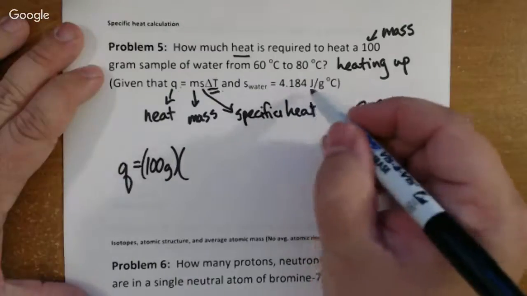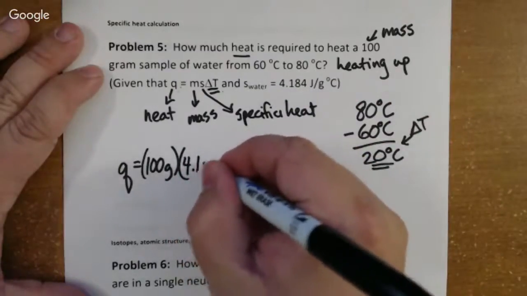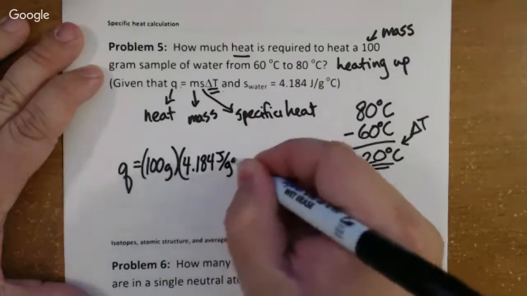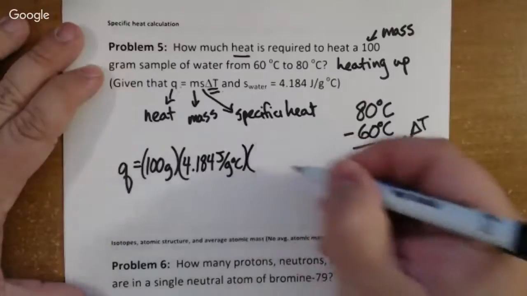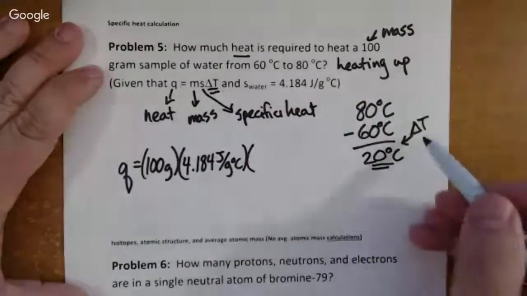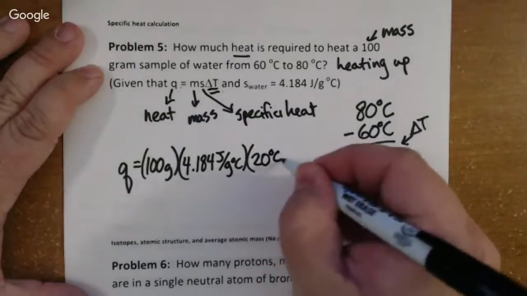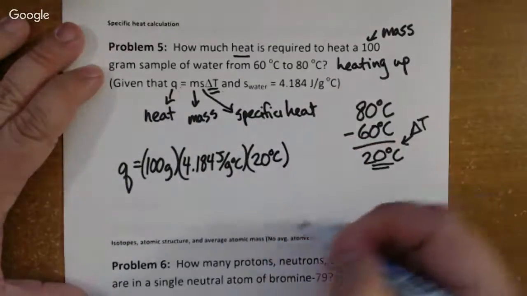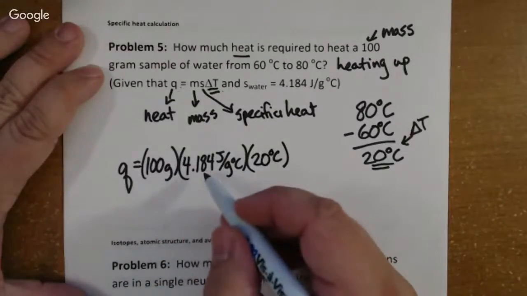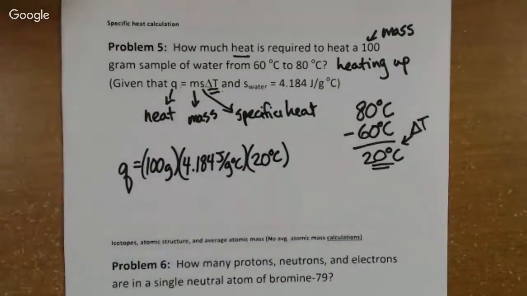Worry more about the number because we're treating it just like any other number. 4.184 joules per gram degree Celsius. And then last in here, we put our delta T, change in temperature, 20 degrees Celsius. So calculators, we tap in 100 times 4.184 times 20, and let's see what we get.